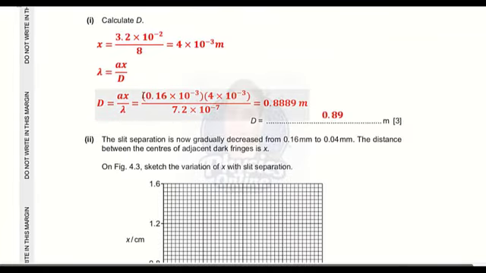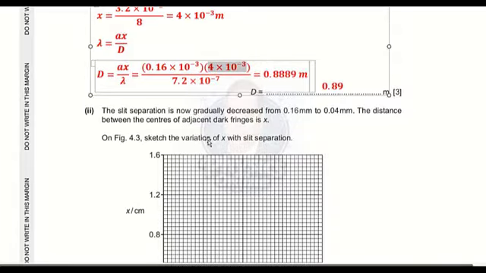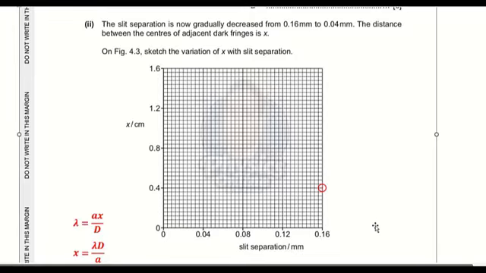When the slit separation is 0.16 millimeter, the fringe separation is 4 times 10 power negative 3 meters, or 0.4 centimeter. So we'll put the first point here.